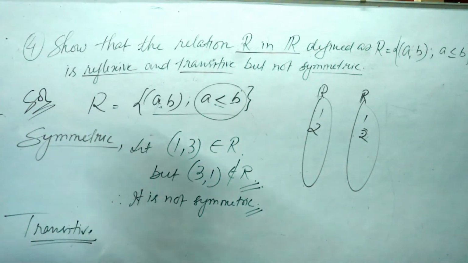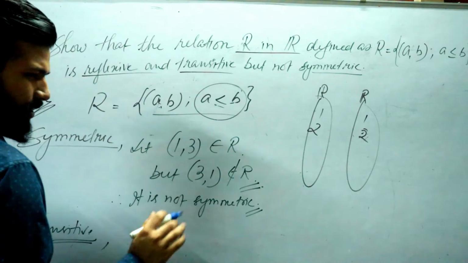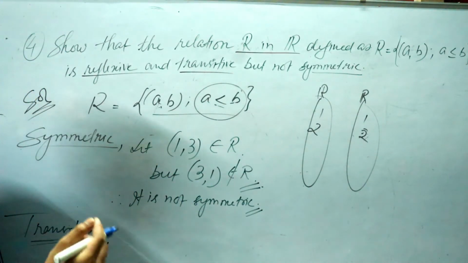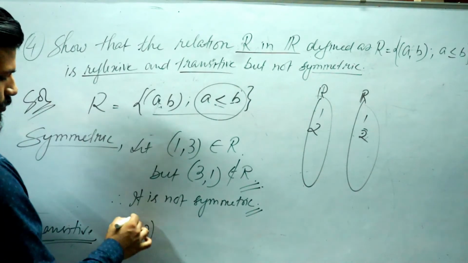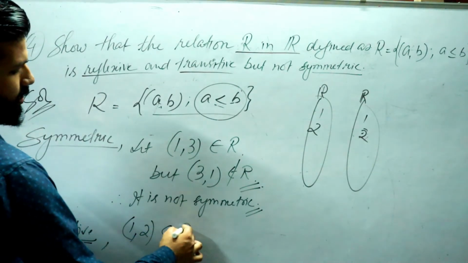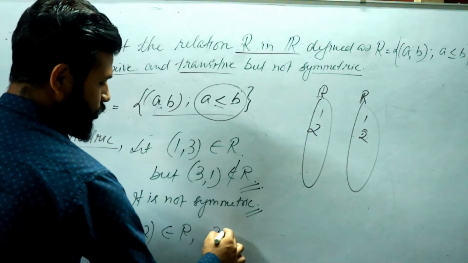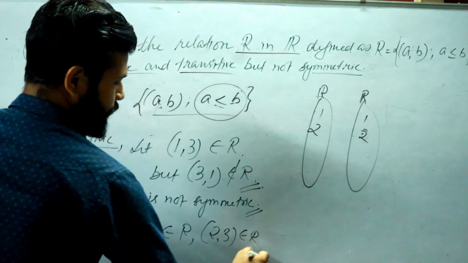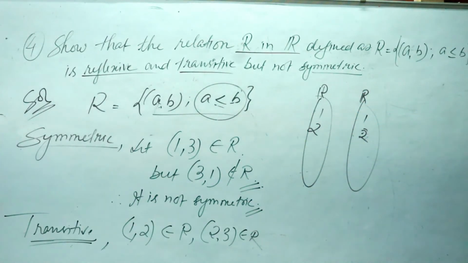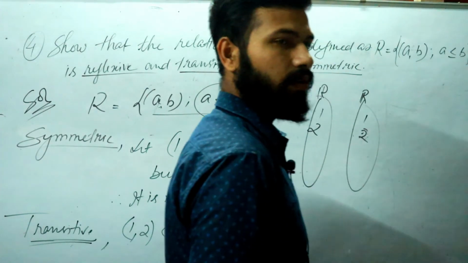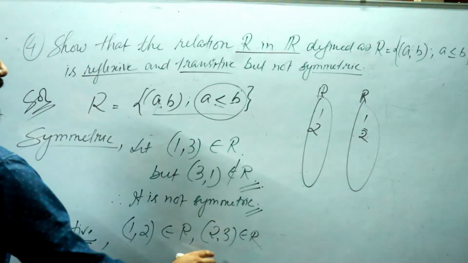Next is your transitive. It's going to be transitive. Let us consider, for example, very simple, I am going to make you understand in a very simple way. For example, consider (1, 2) belongs to the relation, and (2, 3) also belongs to the relation.